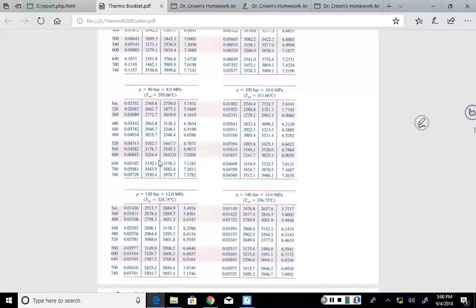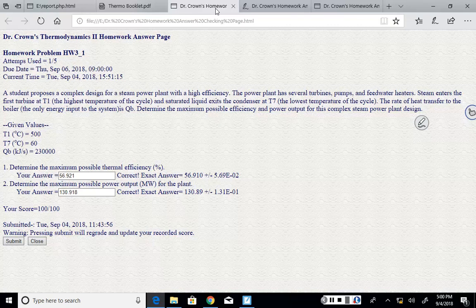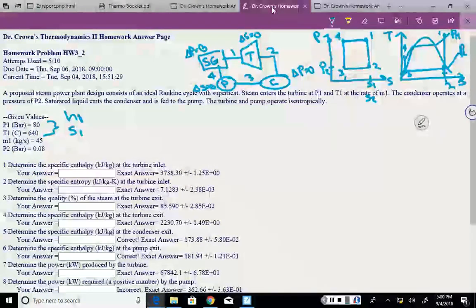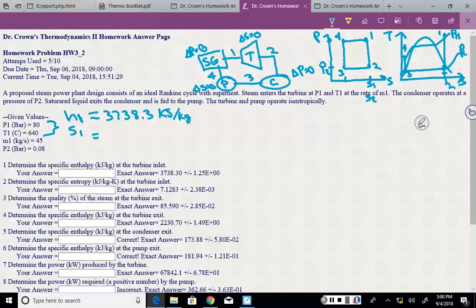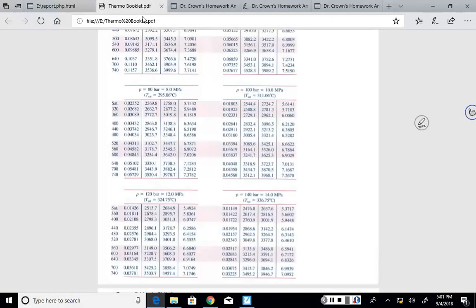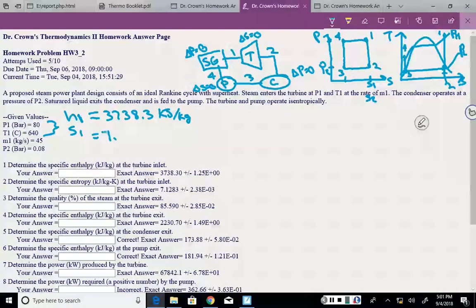So at 80 bar, 640 is 3738.3 kilojoule per kilogram, and S is 7.1283 kilojoule per kilogram Kelvin.